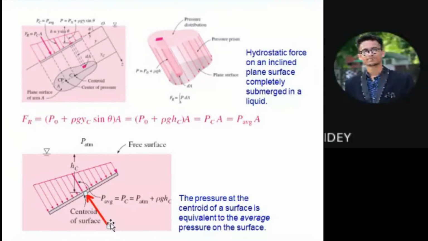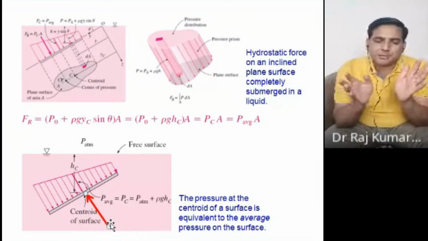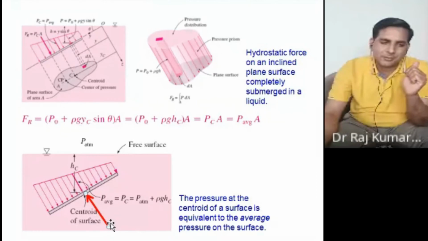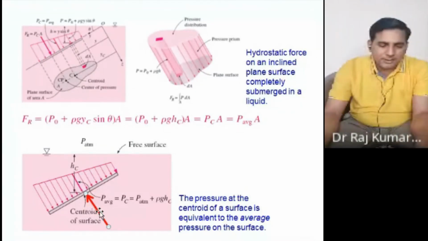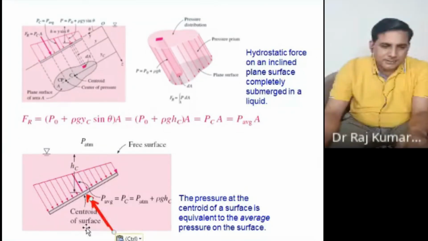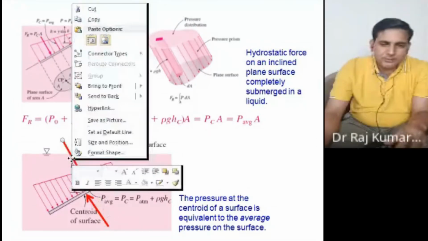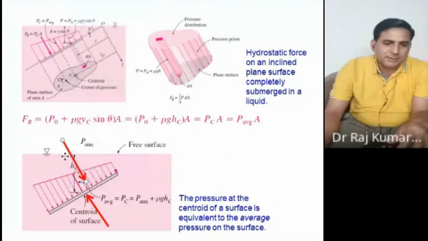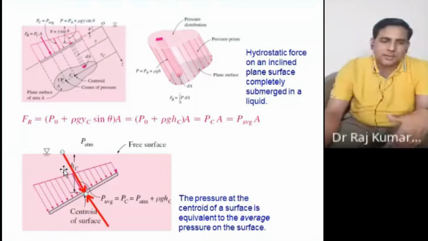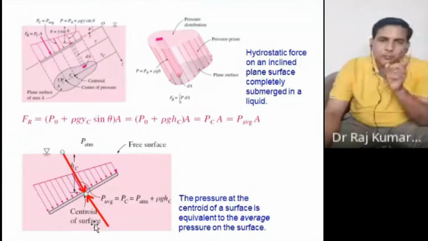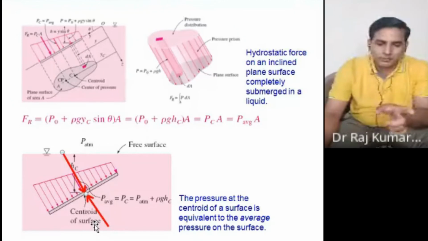I have to support this gate too. So if I can somehow calculate where this net force from this side would act, I can apply the force at the exact point opposite to that.